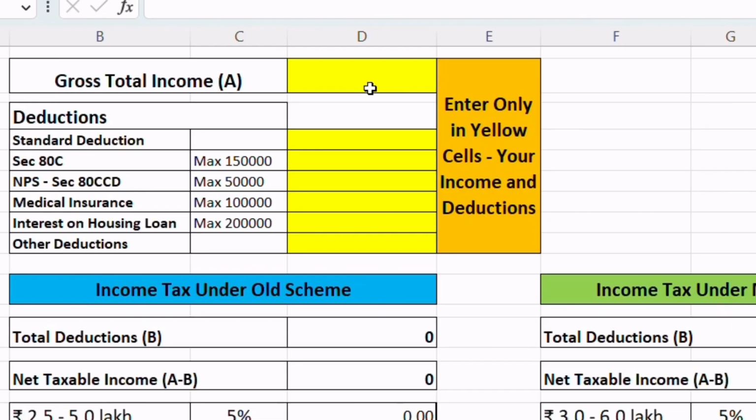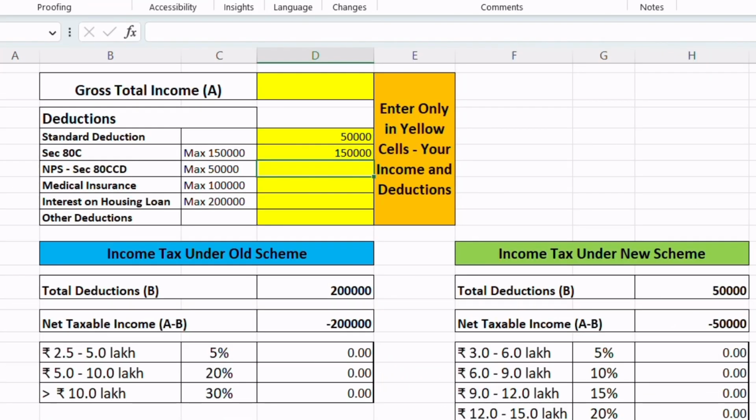Let us assume in this case a person is using a standard deduction of 50,000 and an 80C deduction of 1,50,000. Please note that all the other deductions, such as section 80C, 80CCD, medical insurance, housing loan and others, as we have seen earlier, are available only under the old scheme.